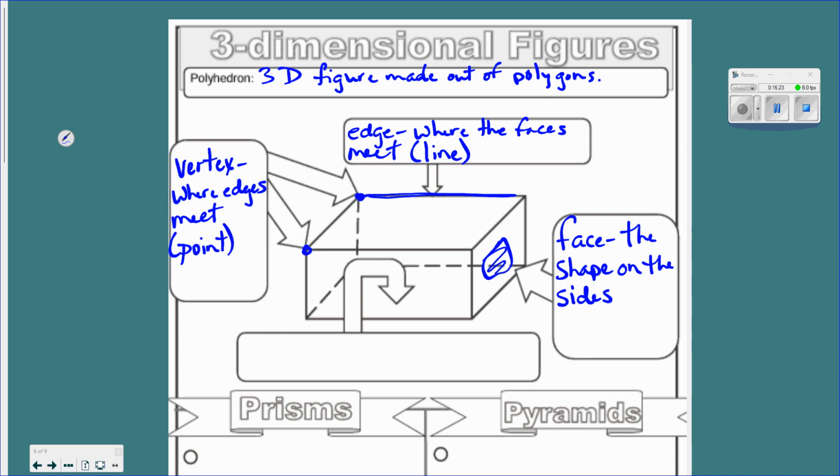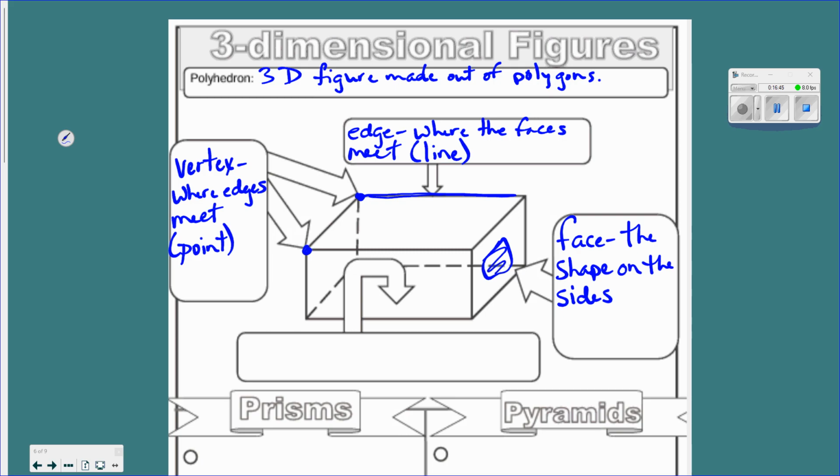Now, what we haven't talked about yet, and this can change based on how you're orienting your figure, but normally that bottom one has a special name. We know we call that the bottom side. That's called the base.